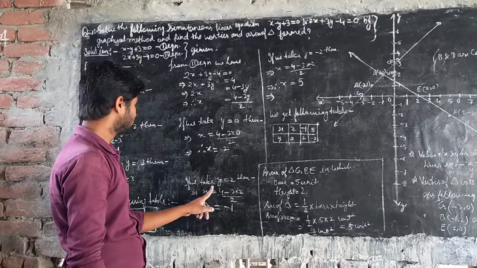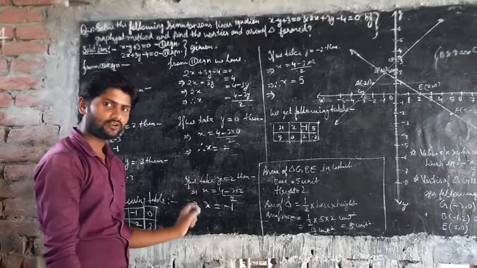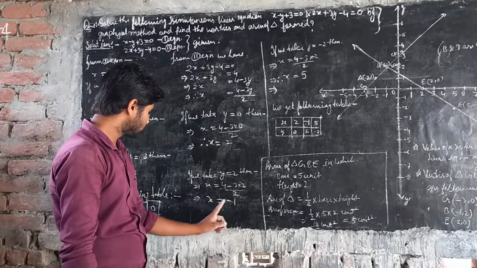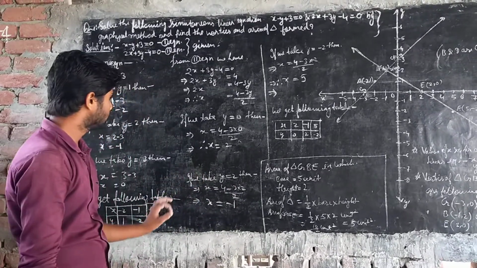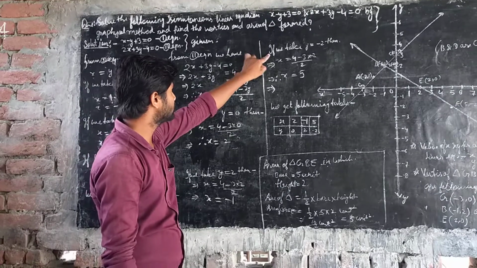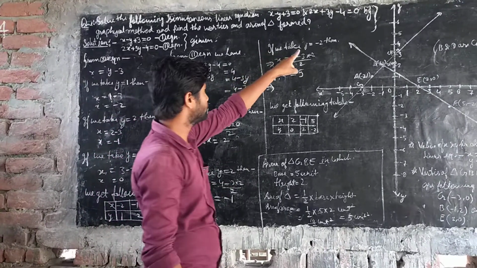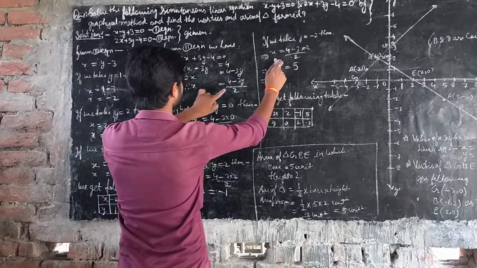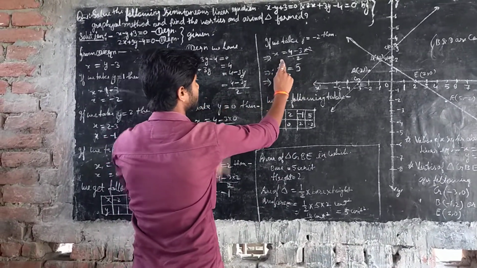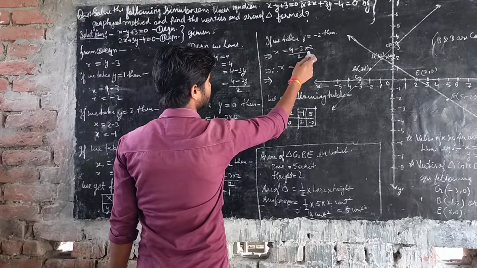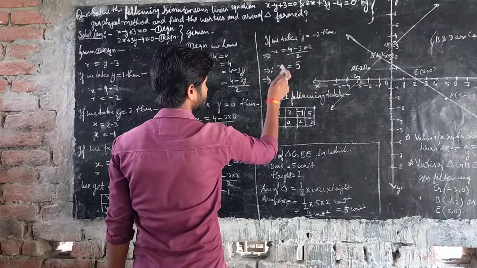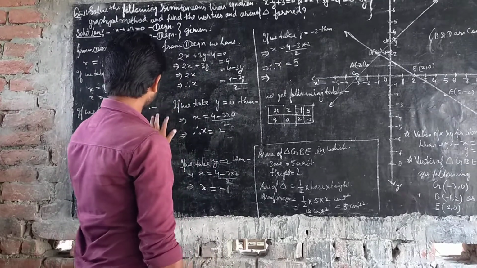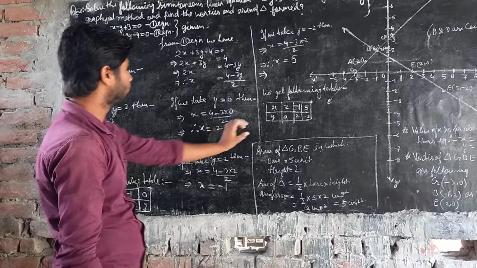For the second coordinate point, if we take y is equal to 2, then we get x is equal to minus 1. For the third point of the second equation, if we take the random value y is equal to minus 2, then after putting it in this equation, (4 minus 3 multiplied by minus 2) upon 2 is equal to 5. From these 3 points we get the following table.